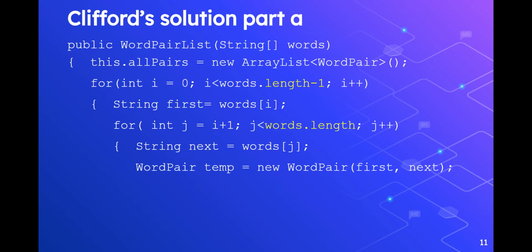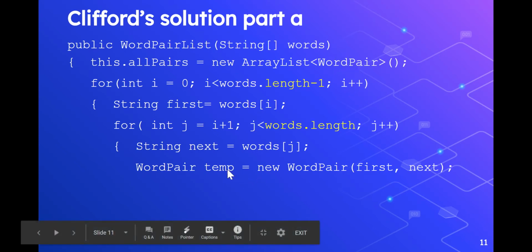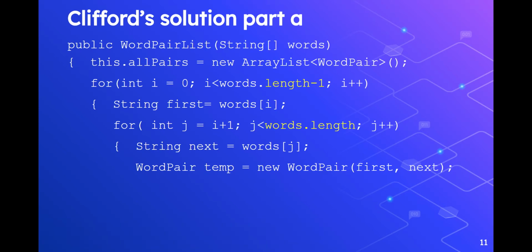They tried to add those two to the ArrayList allPairs, stick them together and off we go. No, you can't do that. Why? Because allPairs is an ArrayList of WordPairs, so I've got to make a WordPair object. Again, another temp, mind you. Now that I've done that, I've got a WordPair object that I can add to this ArrayList.